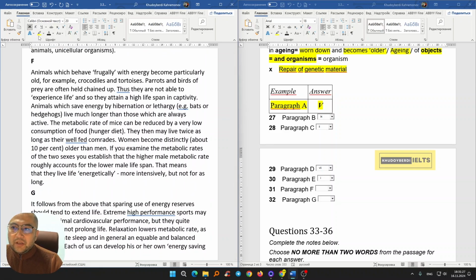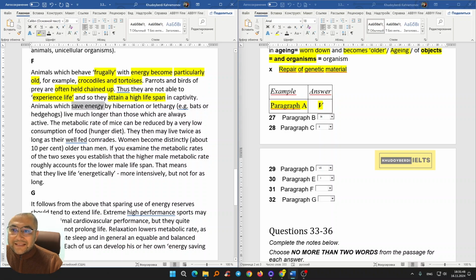Animals which behave frugally with energy become particularly old. For example, crocodiles and tortoises, parrots and birds of prey are often long-lived.